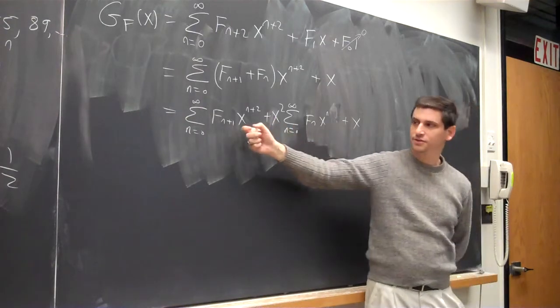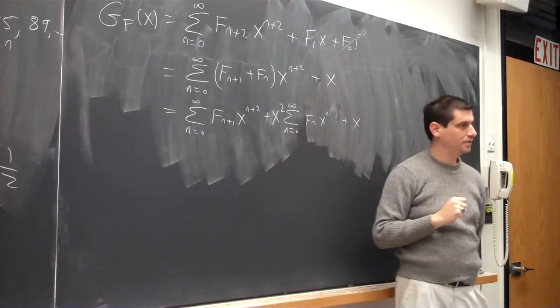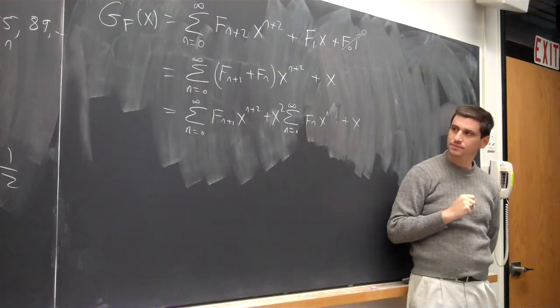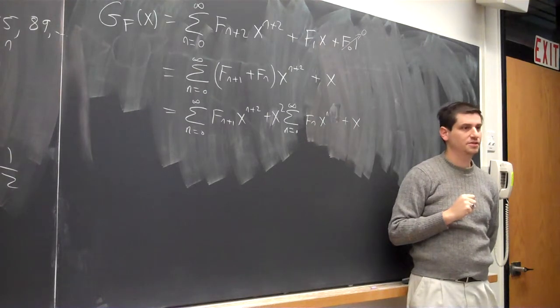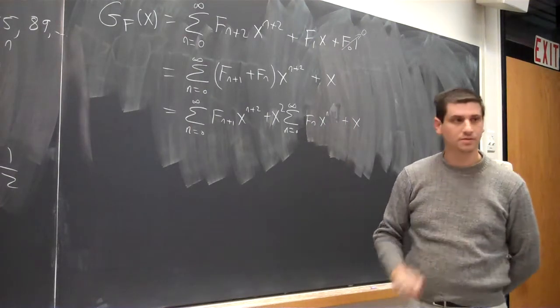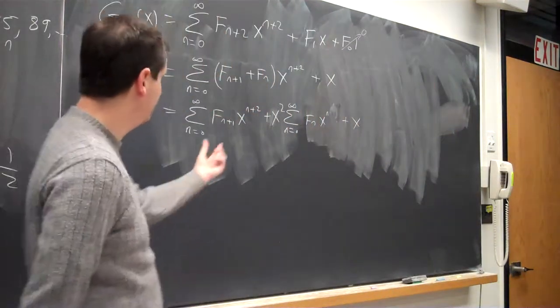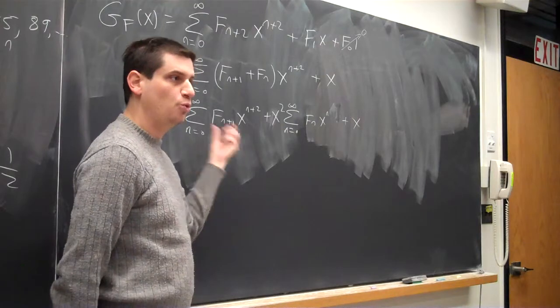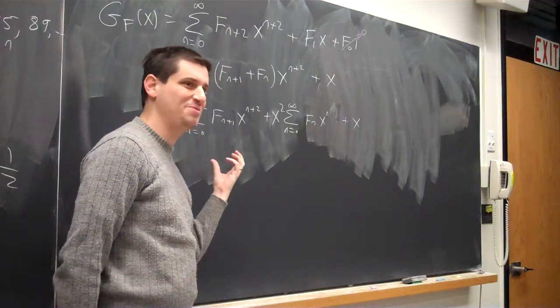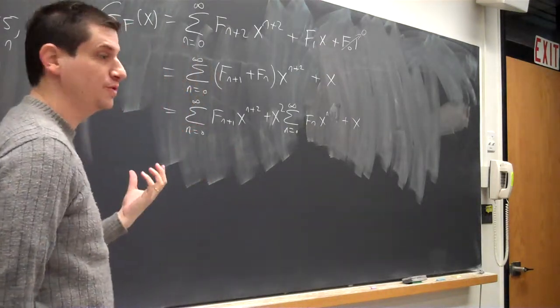What about this function? Yes? GF of x from 1 to infinity multiplied by x. Good, it's gf of x from 1 to infinity multiplied by x. Fortunately, that's the same as gf of x because the 0th coefficient is 0.